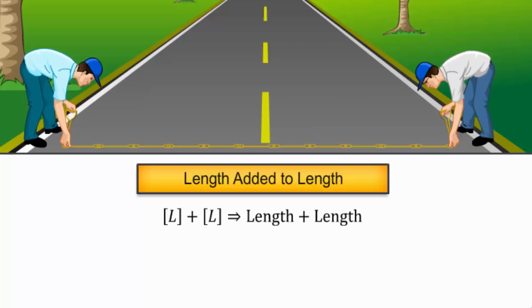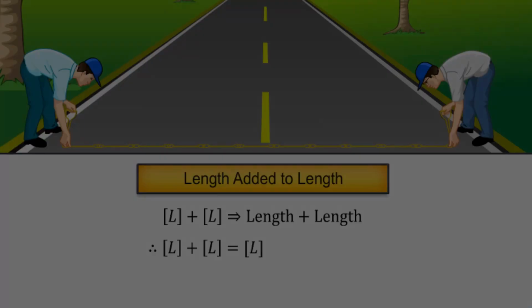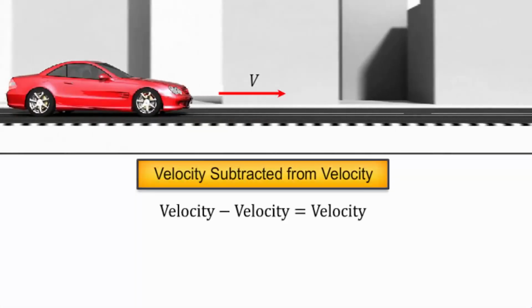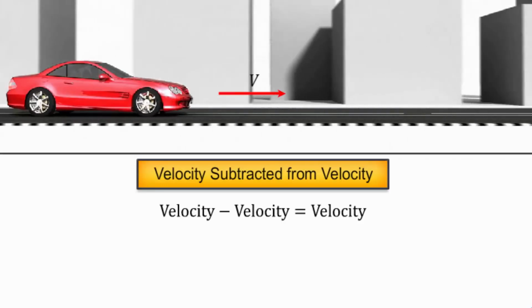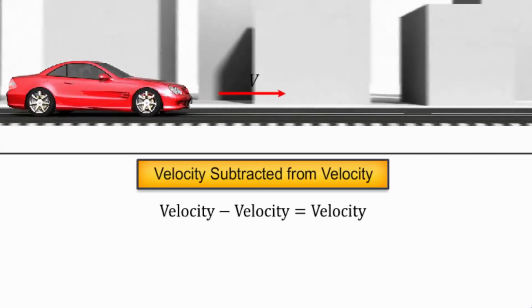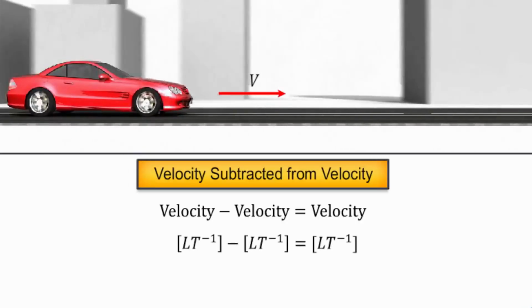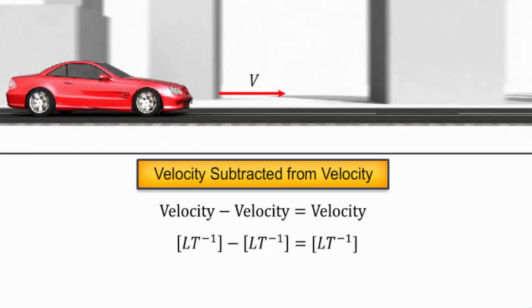Again, it is not 2 times L as we are not adding the magnitudes of the length. Similarly, if velocity is subtracted from velocity, we get velocity. Thus, LT power minus 1 minus LT power minus 1 equals LT power minus 1.